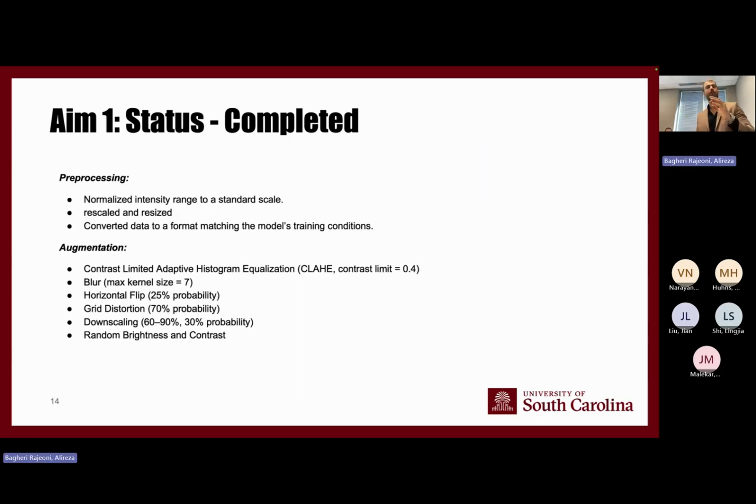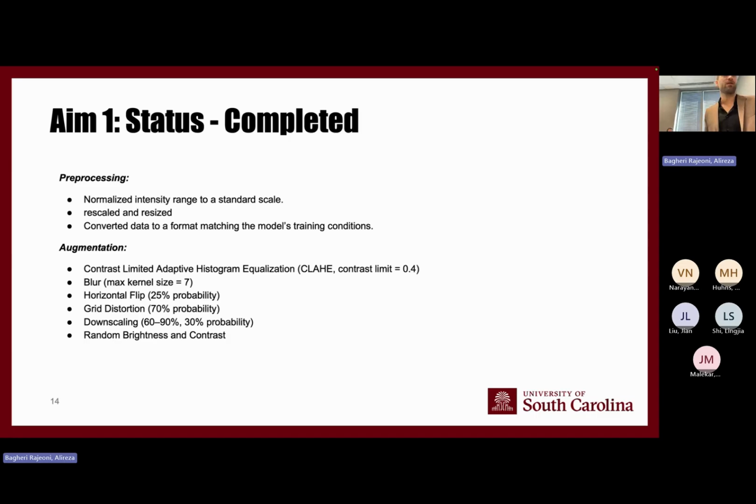So for the pre-processing and augmentation, we needed to normalize the intensity range to a standard scale for the images, and rescale, resize, and convert data to a format matching the model's training conditions. And for augmentation, I needed to study all the data sets in detail to understand what augmentation techniques are applicable here and what are not.